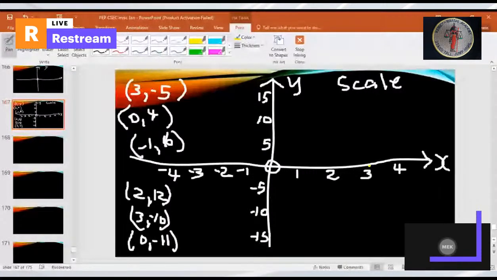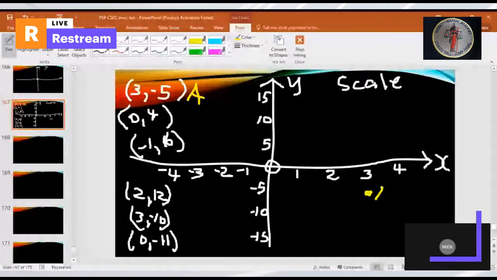So where 3 meets -5, that's where we put the point. Let's say that was point A, so we put A there.